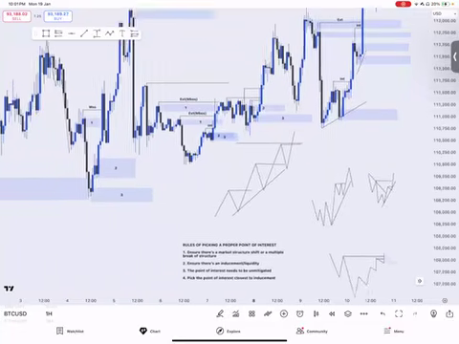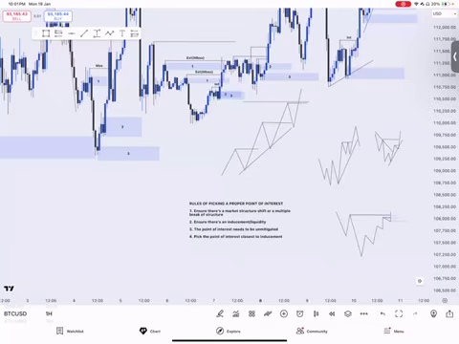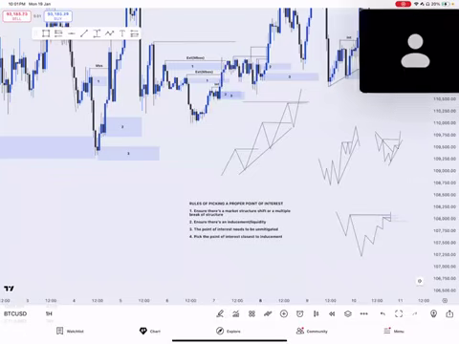Now, what makes the pullback valid? What makes it valid is that if the pullback has been created, if the retracement has been done, the market needs to proceed to take out the body closure of your MSS candle or the body closure of your multiple breakout structure candle. I talked about this in the first class. Did I or did I not?